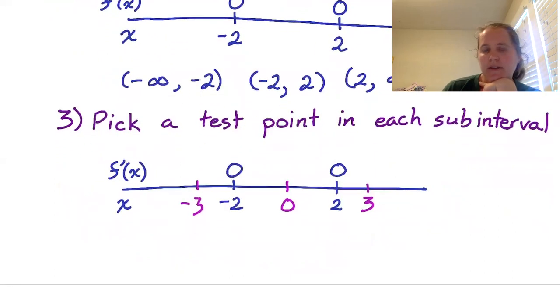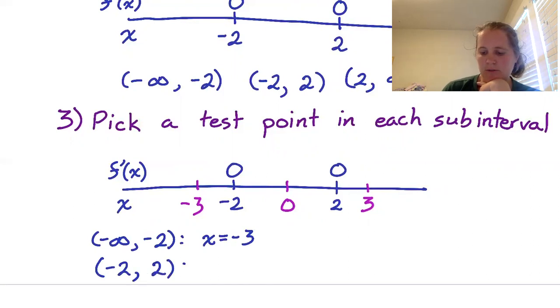Right. So again, if you prefer to think of this in interval notation, so what we did was for -∞ to -2, we picked x equals -3. For -2 to 2, we picked x equals 0.